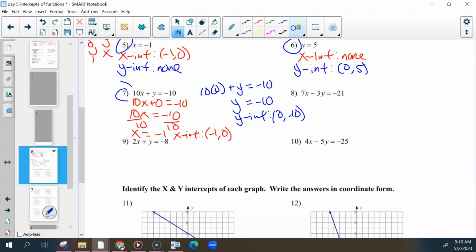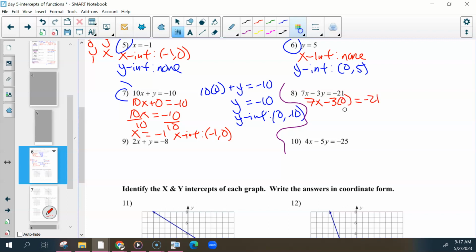Any others on this page we want to see, do, go over, review? 8, sure. Okay, so for the x-intercept, I would put 0 in for y.